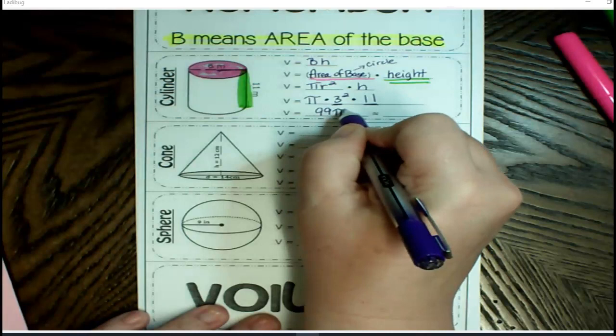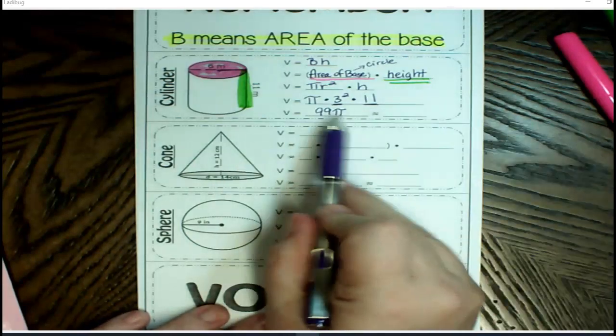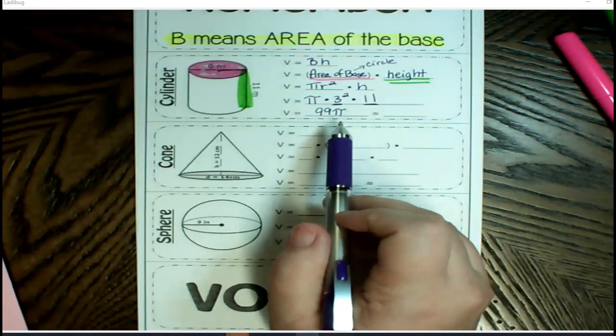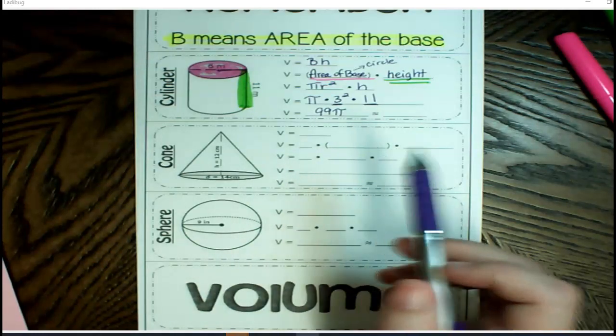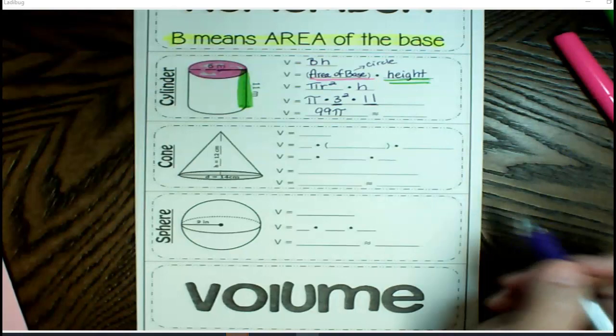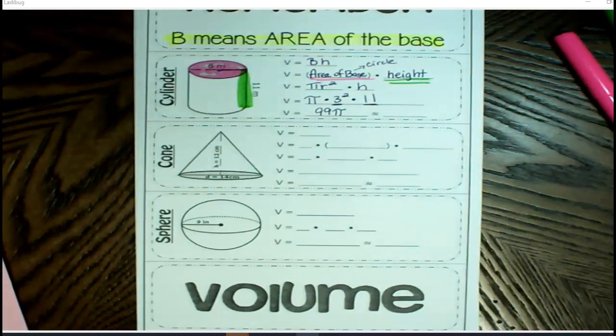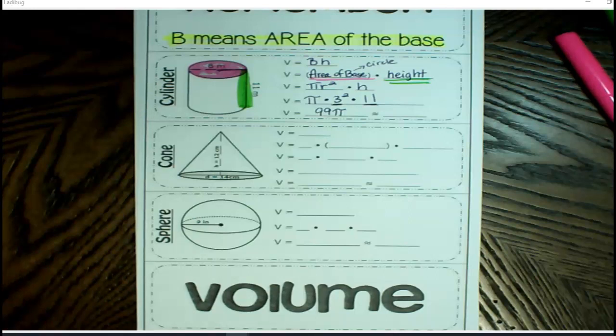So now all we have left is that 99 times pi. Here's where you're going to use your calculator for that pi button. I want you to round your answer to the nearest hundredth, so 2 decimal places. 99 times pi.